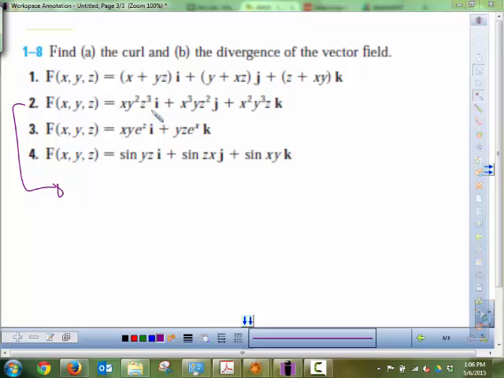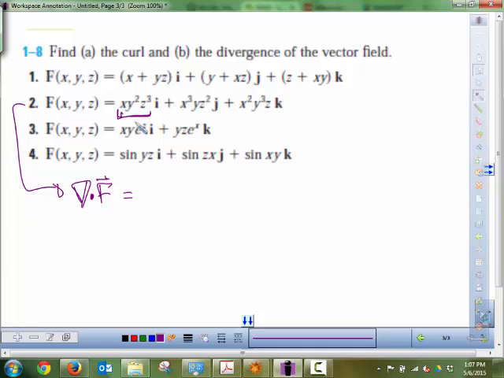All right, let's take the div of this first one. The div is the easier one, just like the dot product is easier than the cross product. So we're doing number 2. We're going to take the first component of the vector field and take the derivative of that with respect to x.